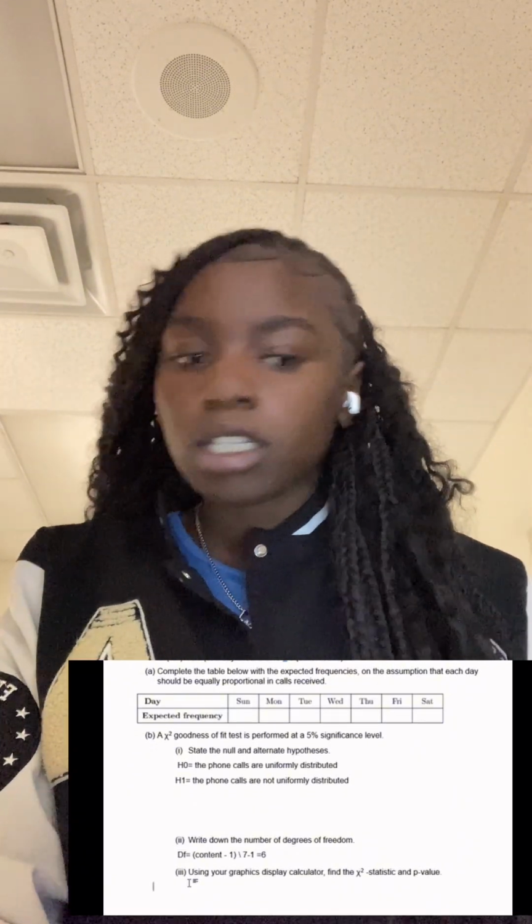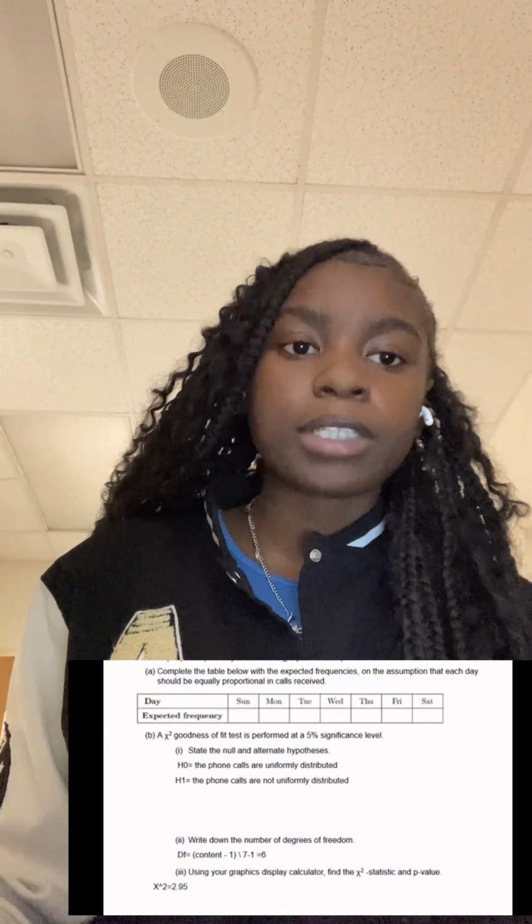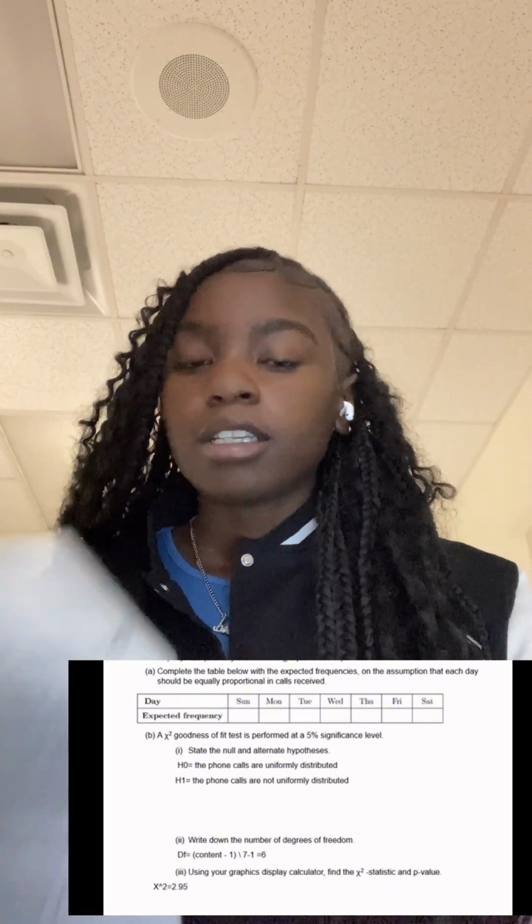So using the TI, I got that chi-squared is equal to 2.95, right? Chi-squared is basically similar to a t-test, except these are two.